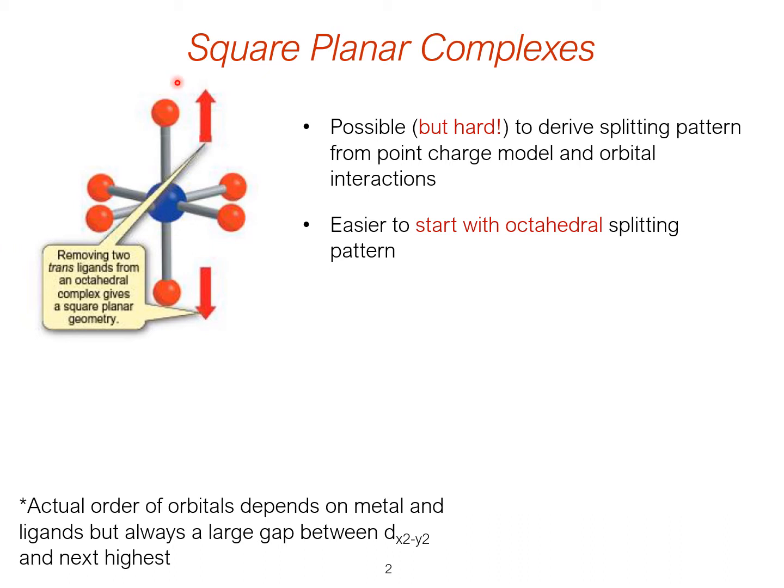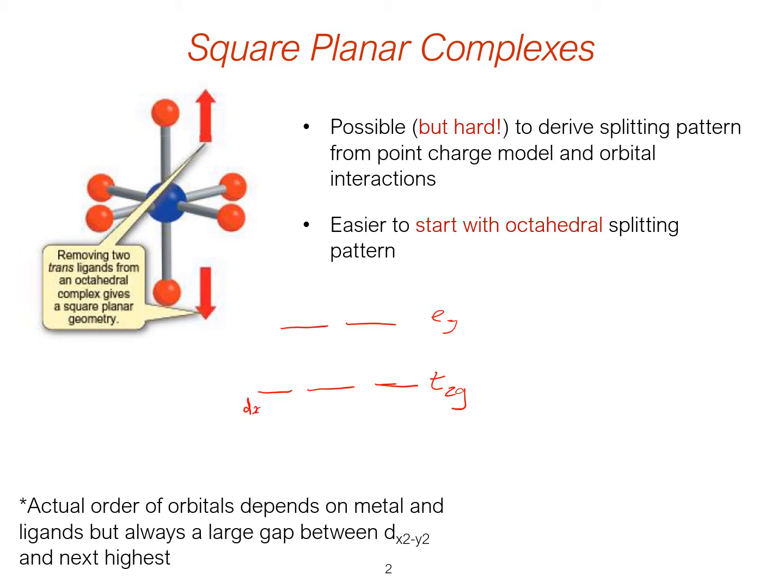The reason for this, before I start, is that a square planar complex is actually just an octahedral complex with the two trans ligands, the ones with the z-axis component, removed, and then you've just got the square planar in the middle. So if we start with the normal octahedral splitting pattern, we've got the eg and t2g orbitals, and it's important this time to remember the d labels for each of these orbitals as well.